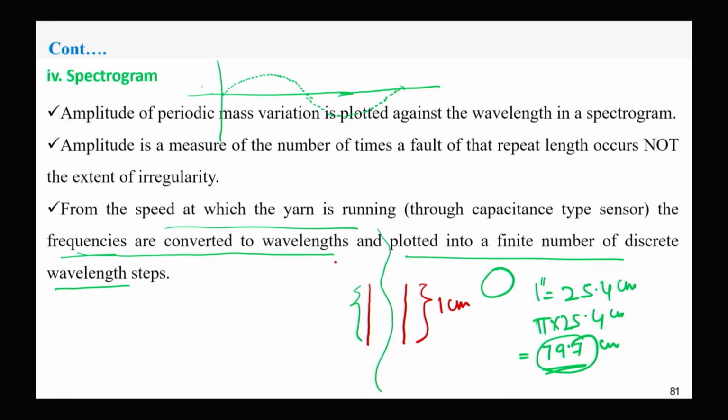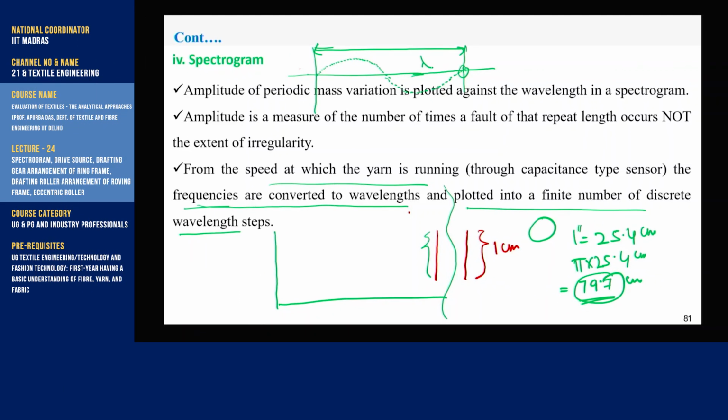And as soon as it identifies the time after which the same capacitance value is reached, from the speed of the machine it identifies that one periodic fault has gone. So in the spectrogram, it has calculated the periodicity, the wavelength.